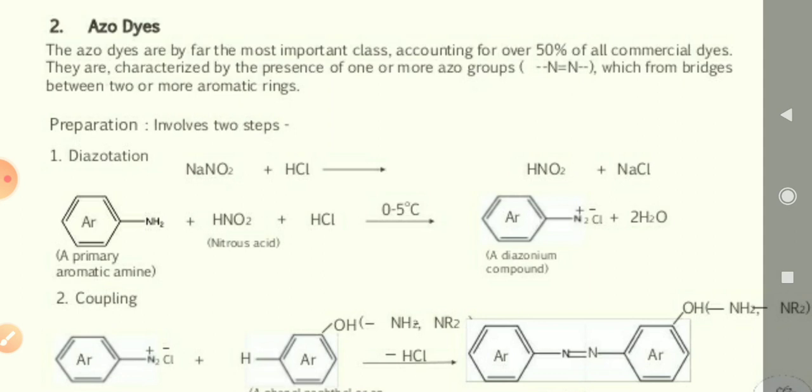Here you can see NaNO2 plus HCl gives HNO2 plus NaCl, and this HNO2, the nitrous acid, combines with the aromatic amine and gives the diazonium compound. And this will further go into a coupling reaction, and it will give the azo dye.